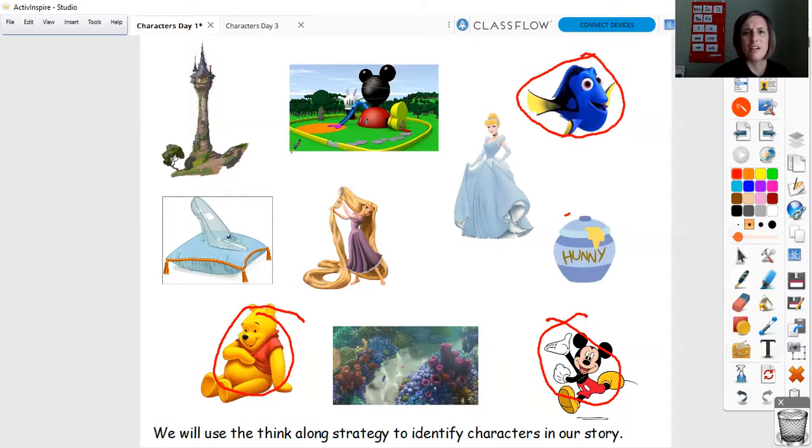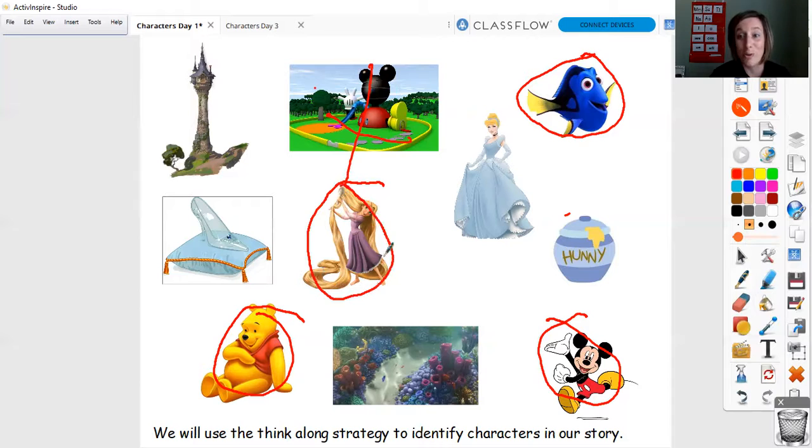How about up here? Do you think that's a character? I mean, I see Mickey Mouse's ears. Oh, you're right. That is not a character. That is the place you would find Mickey Mouse. That's not who the story's about. How about Rapunzel? Rapunzel's a character.